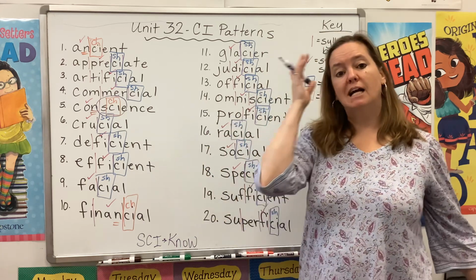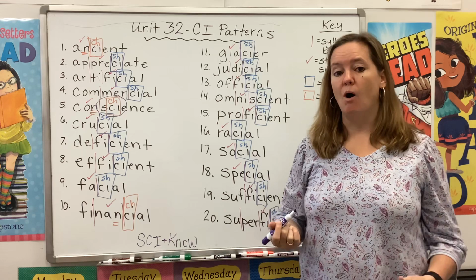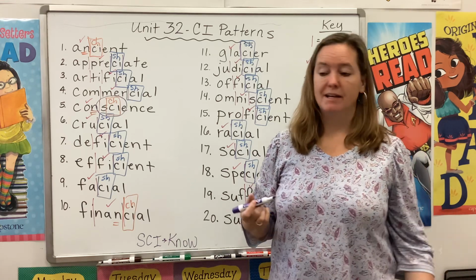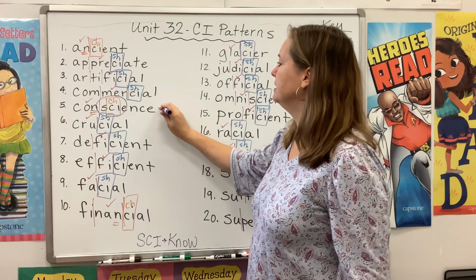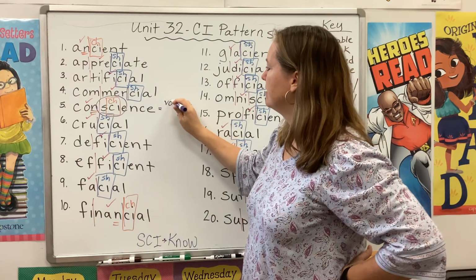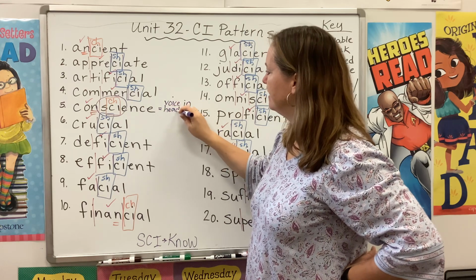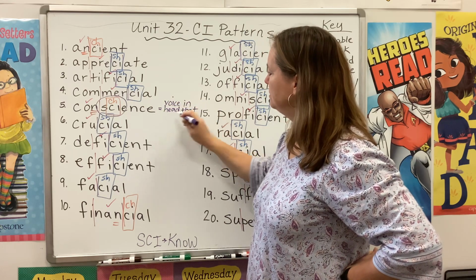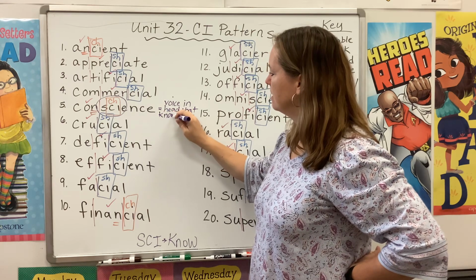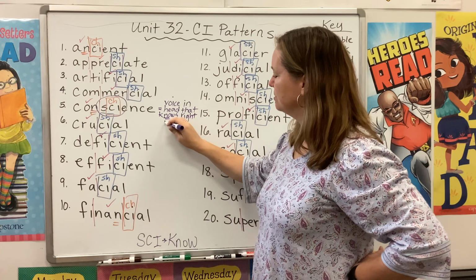So your conscience is that thing that helps you know the difference between right and wrong. So a conscience is that voice in your head that knows right versus wrong.